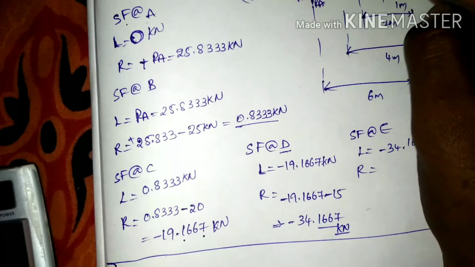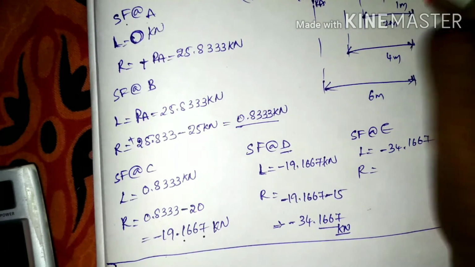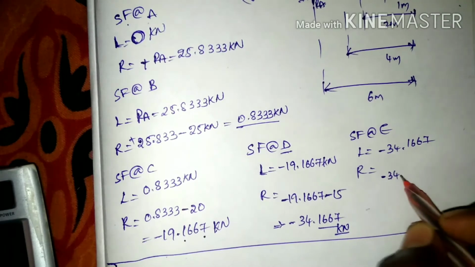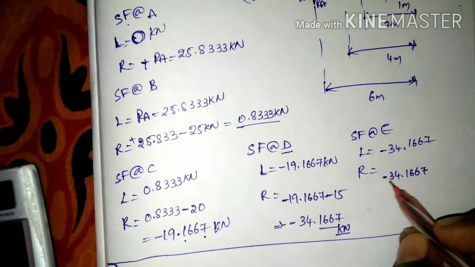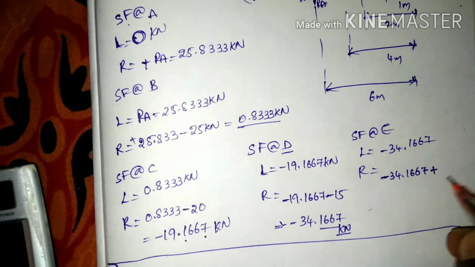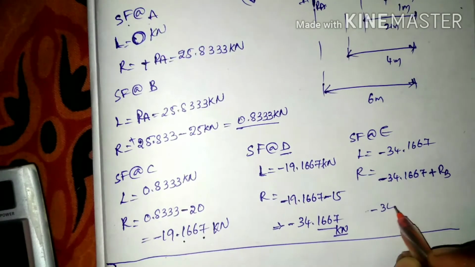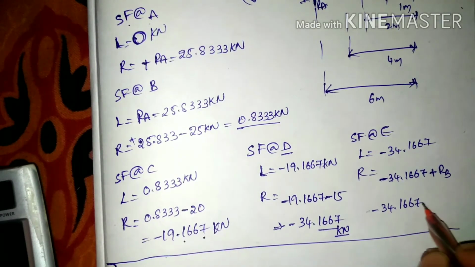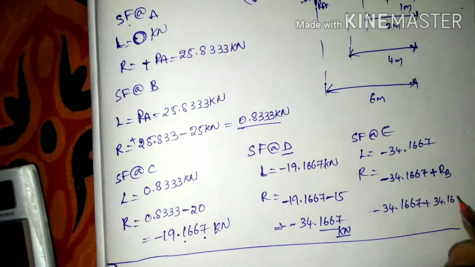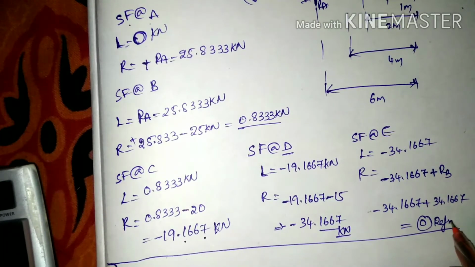After the right of the E, I'm going to find an upward force with reaction RB. It is positive because it is in the upward direction. The value of RB is going to be plus 34.1667. That is going to be 0 on the reference line.